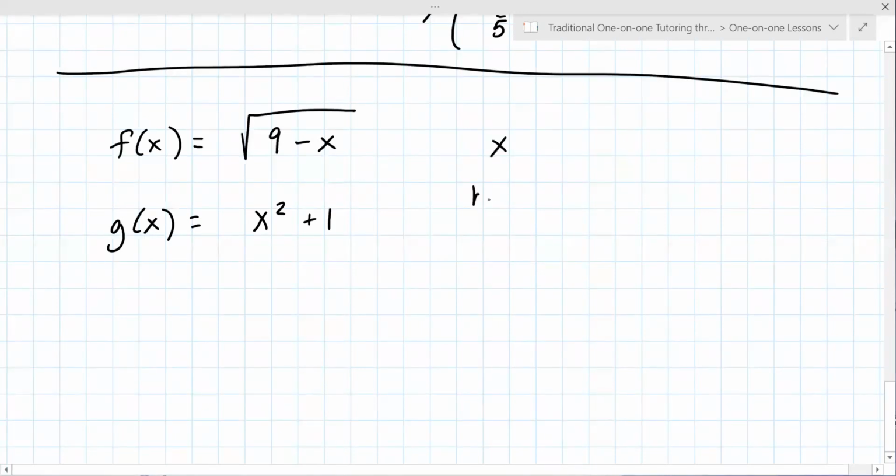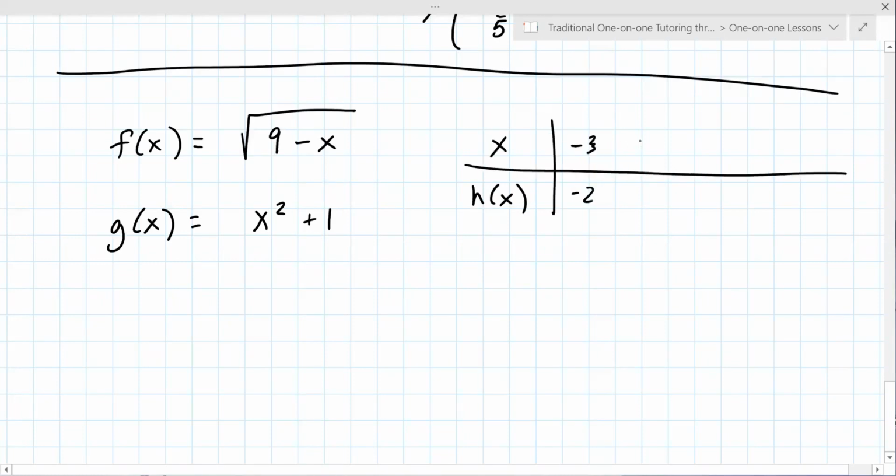Here's x, h of x, and we'll go -3, -2, -2, 2, -1, 0, 0, 1, and 1, 4. Okay, so what is f plus h of 0?